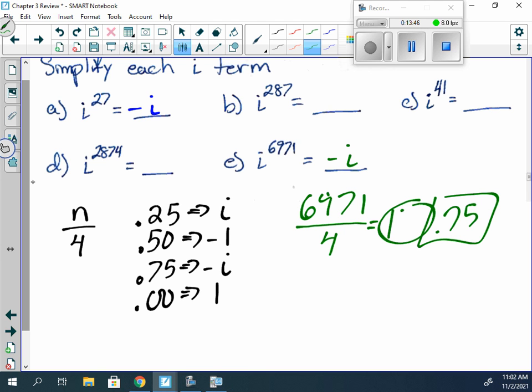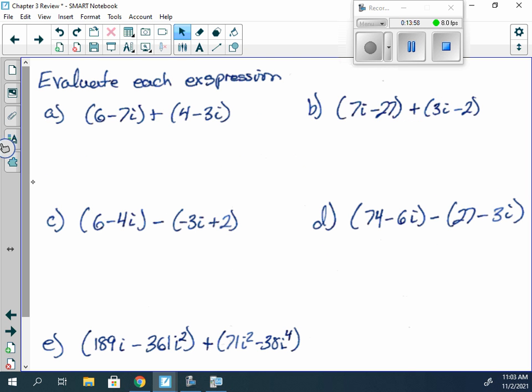Any other questions on simplifying each i term? Are you ready for the next part? Adding and subtracting. Well, we can look at A, because we can add the real numbers and add the complex numbers, because that's what we're doing here. 6 plus 4 is 10. And what's -7i plus -3i? It'd be what?